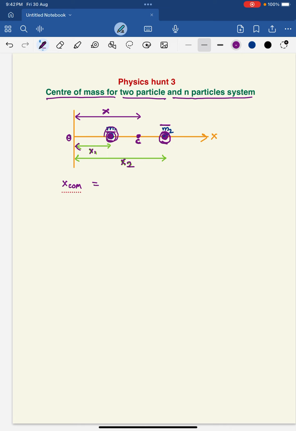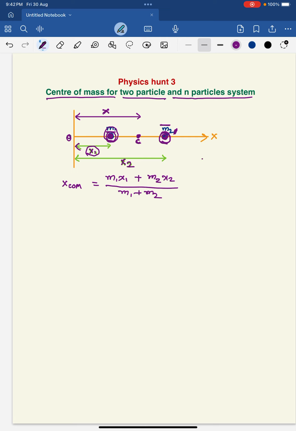How to write it? The first particle of mass m1 is at distance x1, so m1 x1 plus the second particle of mass m2 at distance x2, divided by the total mass, m1 plus m2.